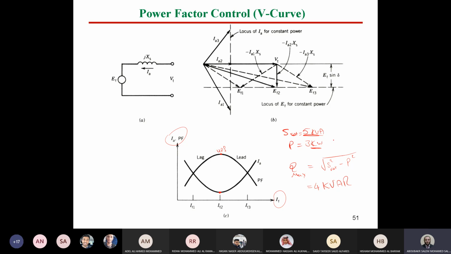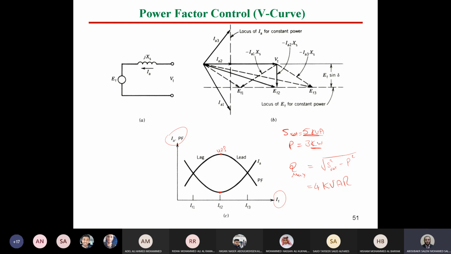Ideally P equals 0, assuming a lossless synchronous motor, so the power will be 0. So in this case, you can get reactive power Q equal to S rated. So this is the case guys, we call it a synchronous condenser. Why synchronous condenser? Because it's like a capacitor or condenser.